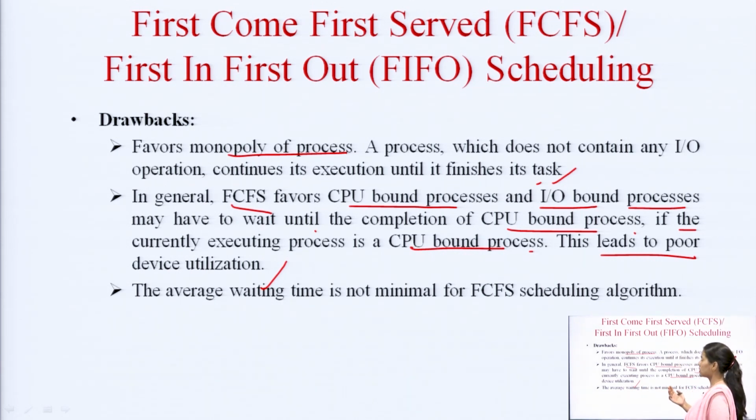So, these are certain drawbacks: a particular task will keep on executing until it gets finished, or if the particular task is a CPU bound process, not an input output bound process, it will keep on using the CPU for unlimited time. The average waiting time is not minimal in this type of scheduling algorithm.